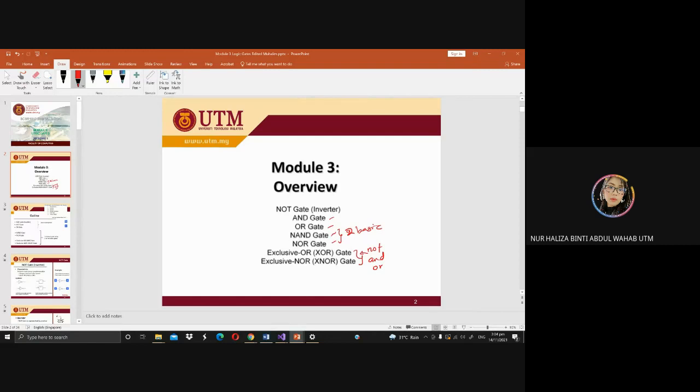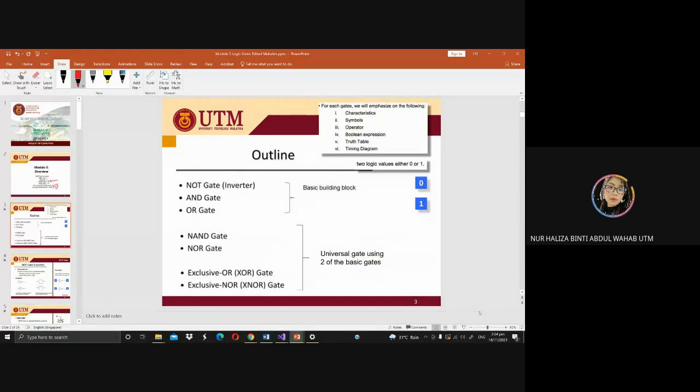So let's take a look at what you need to know. This one we already looked at, which is our NOT. The very basic, because you only have one input and one output. The rest of the other gates can have more than one input. But of course, all together, we will only have one output. All gates will only get one output.